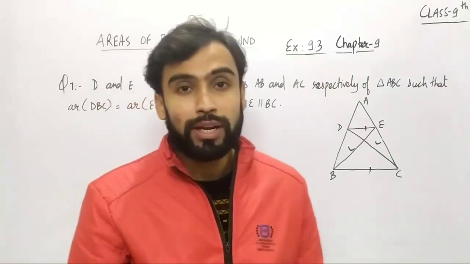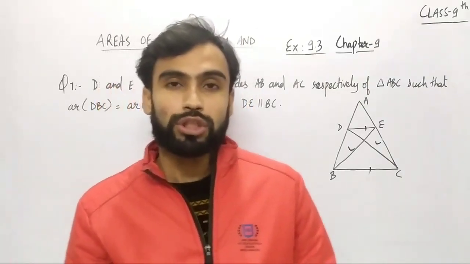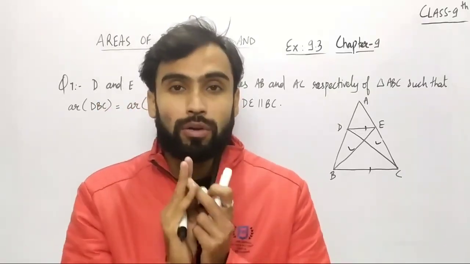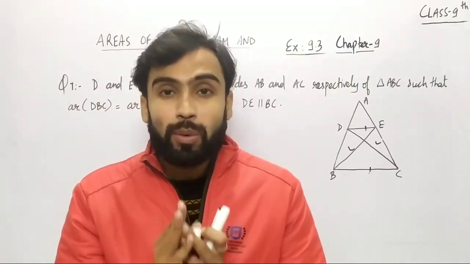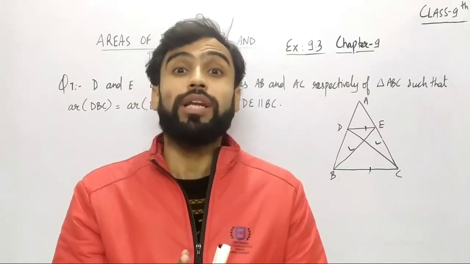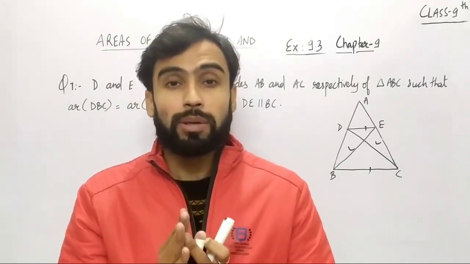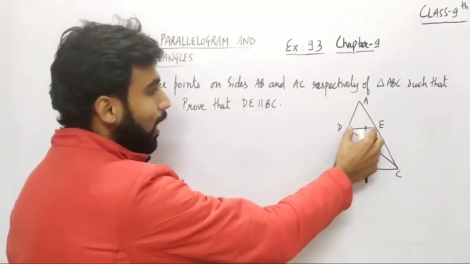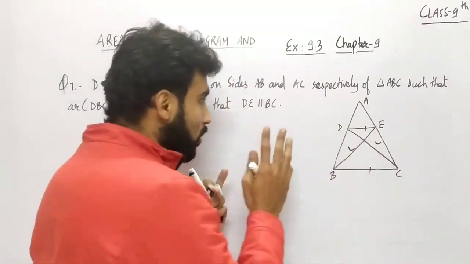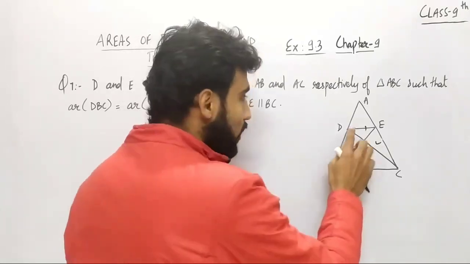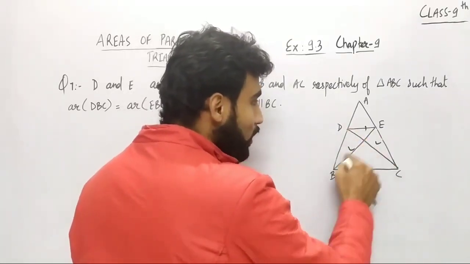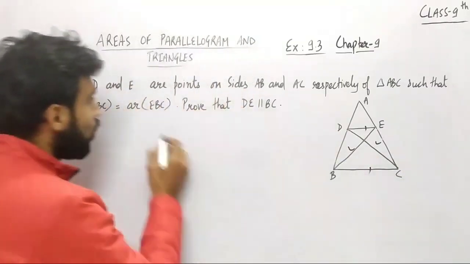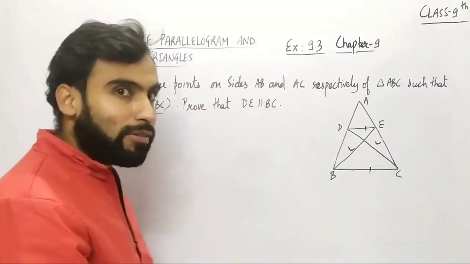So how will we prove that? Now likewise in the previous question, as I have told you, triangles which lie on the same base and have equal area lie between the same parallel lines. So the similar property I'm going to apply here to prove that DE is parallel to BC. If you observe, ये जो दोनों triangles हैं, दोनों same base BC के ऊपर है and also उनका area जो है that is given equal.